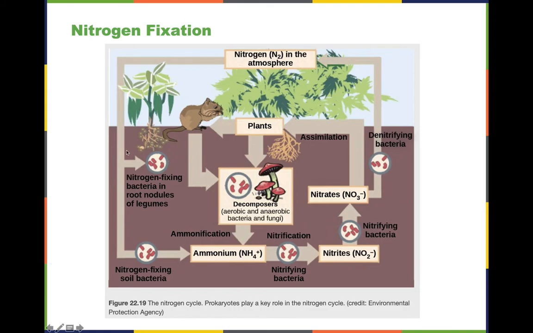So in this example, a certain kind of nitrogen fixing bacteria lives in a symbiotic relationship, a relationship that benefits both partners.